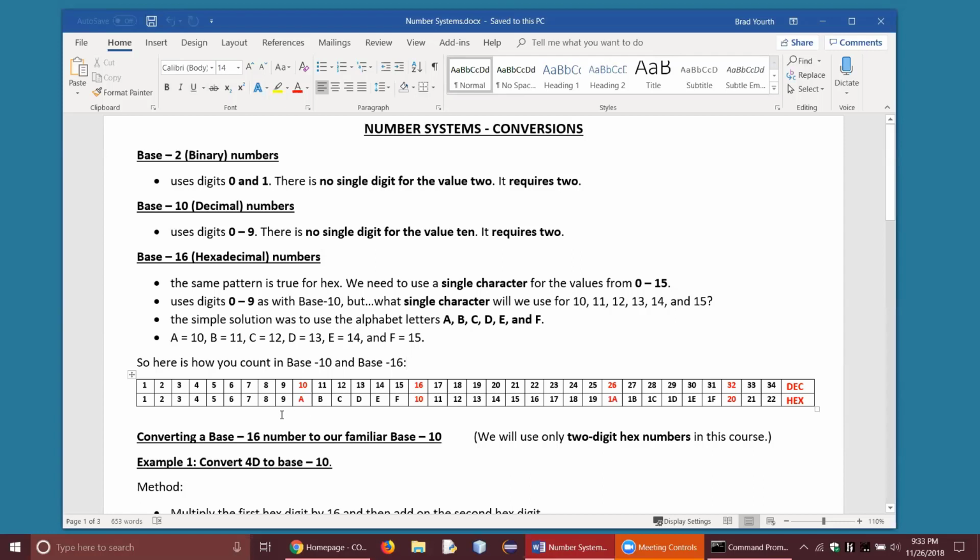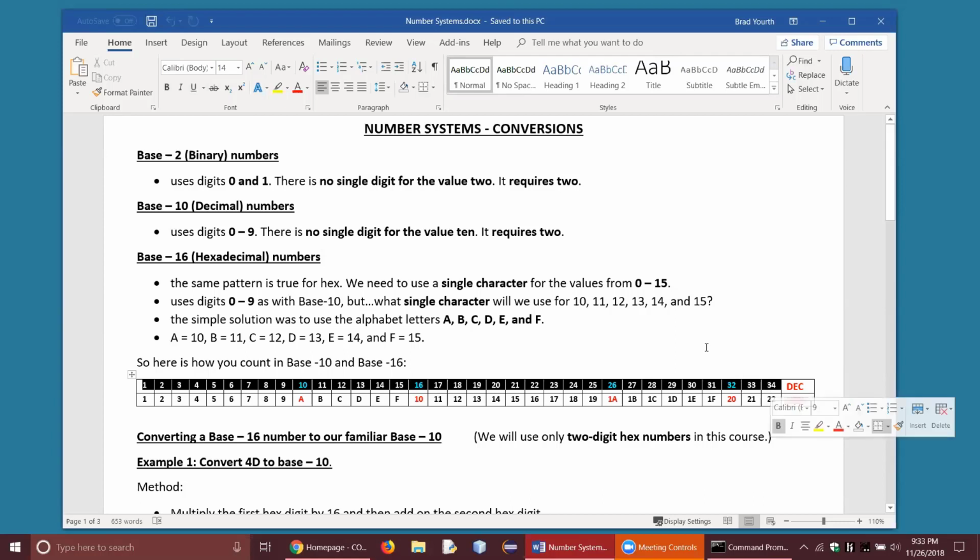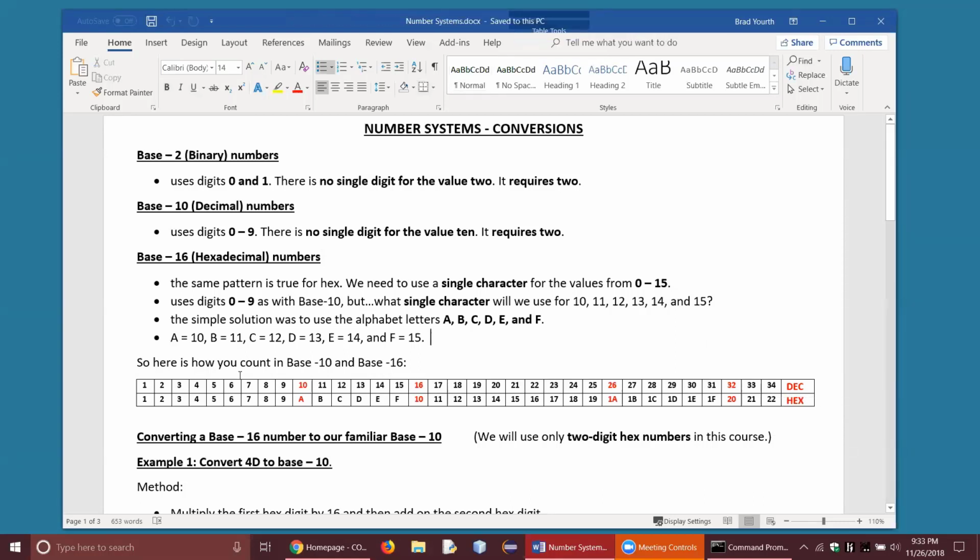Now, if you were counting in hexadecimal and comparing that to how you count in decimal, if you look at this little table here, all of this, of course, is your base 10 at the top, counting up to 34. And here's how that would work if you were counting in hex. It would go 1, 2, 3, 4, 5, 6, 7, 8, 9, just like it does in base 10.